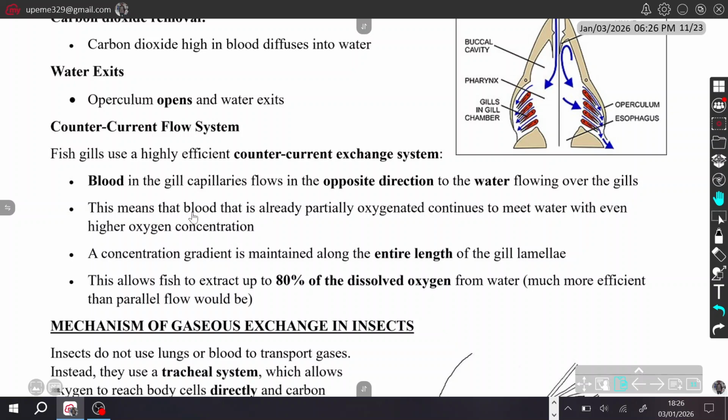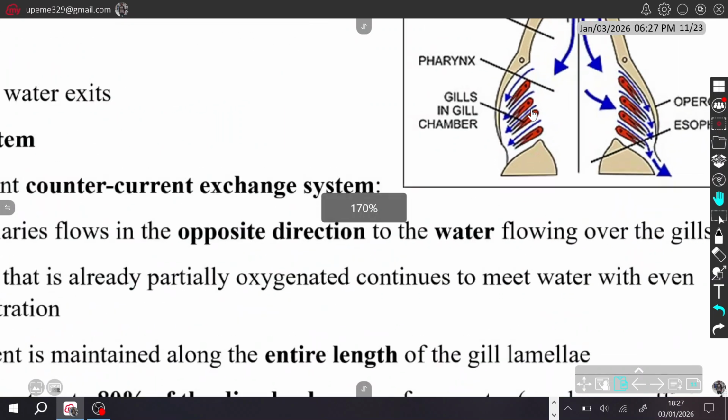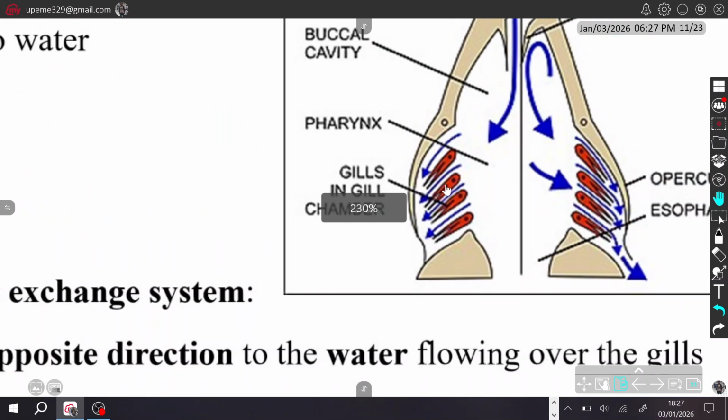So this means that blood that is already partially oxygenated continues to meet water with even higher oxygen concentration. It means that if this side received some oxygen, which is not much, as it continues going this way, it will start meeting water. Let me zoom a little bit.